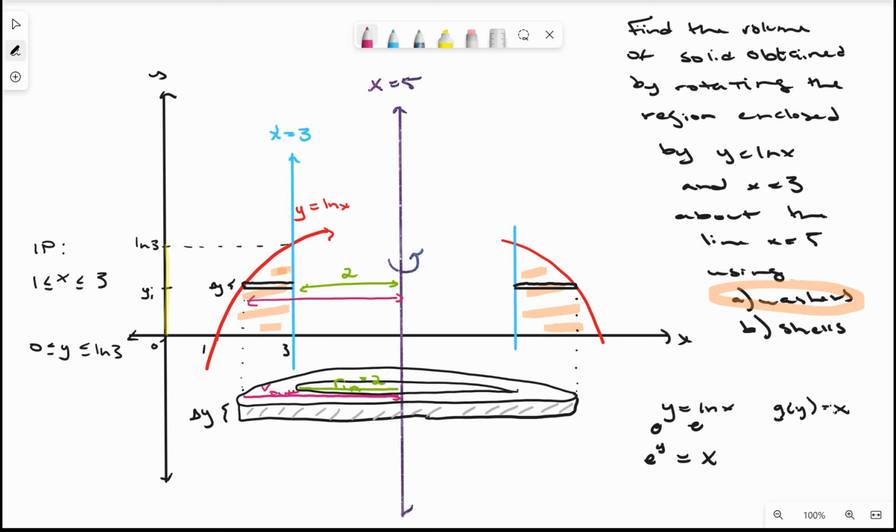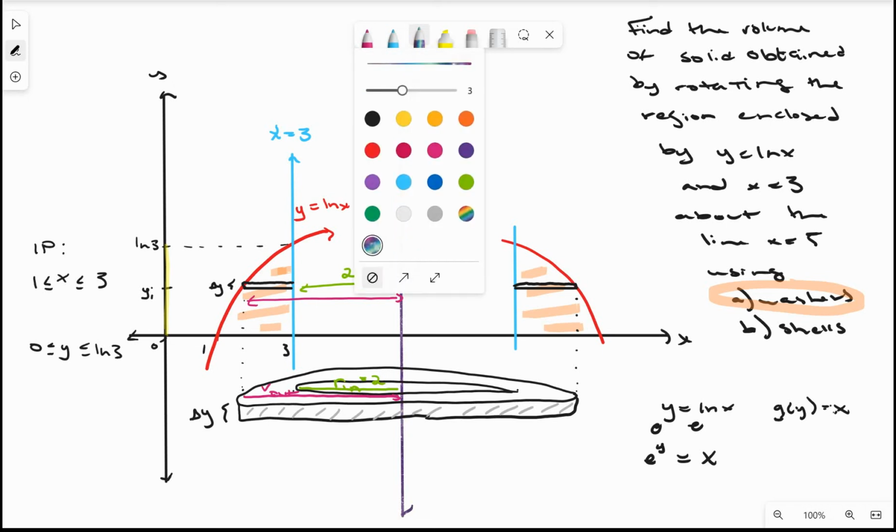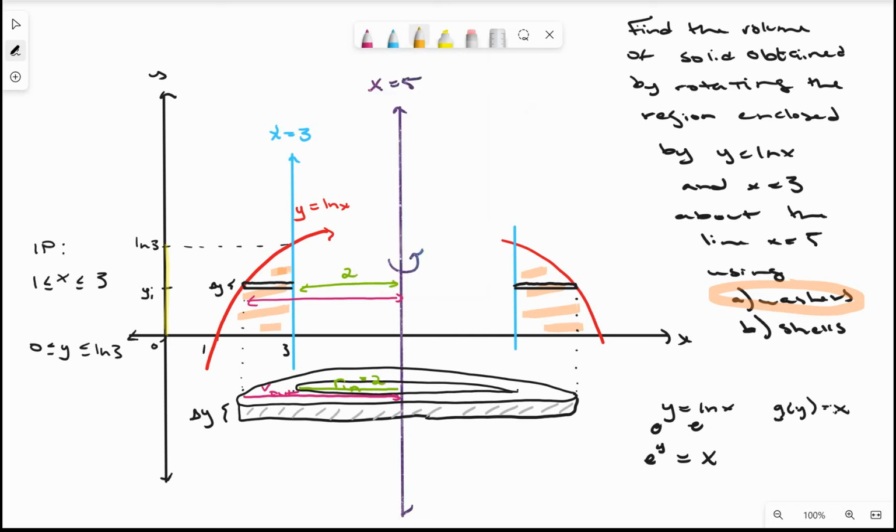And so what is that distance? Well, let's use a different color, orange. So we have this total distance here, right? What's that? Well, that's just 5, right? That's just the distance from the y-axis to x equals 5.